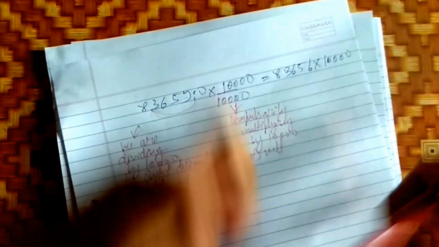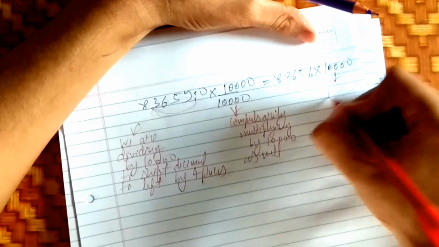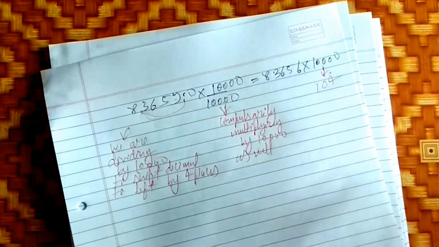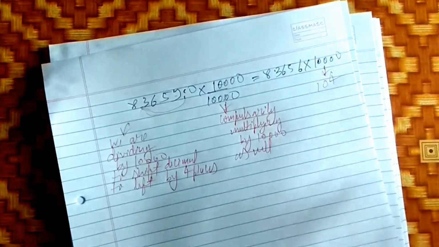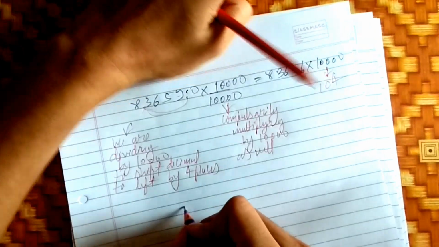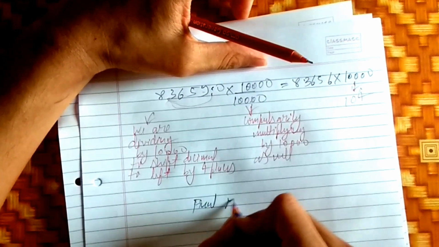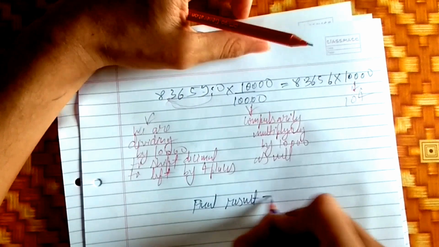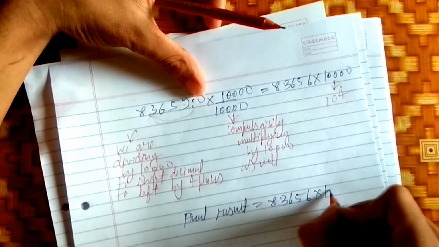And 10,000 can be written as 10 to the power 4. So the final result will be 8.3659 into 10 to the power 4.